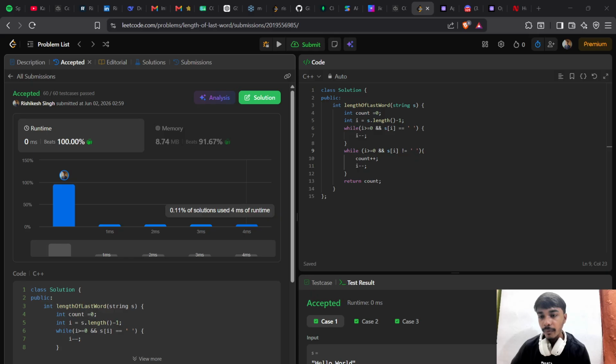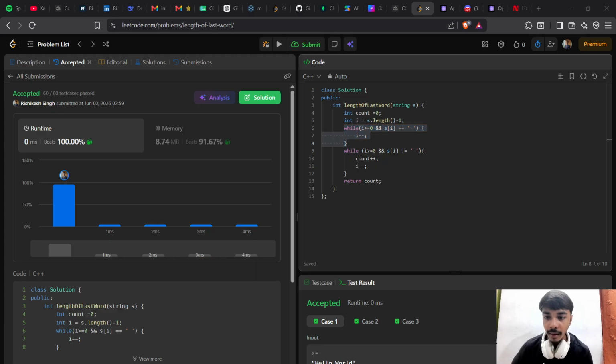What we are doing is, first we move backwards while characters are spaces. This loop removes trailing spaces. Then we continue moving backwards and count characters until we hit another space. That count is the length of the last word.